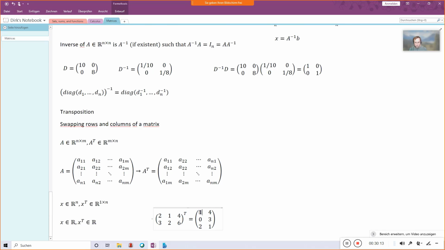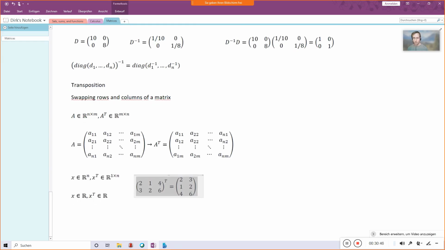And we get 2, 1, 4 and 3, 3, 2, 6. So indeed the lower right element here and the lower right element here, and the upper left element here and the upper left element here, are identical, but they of course are in a different layout. Yeah, right. Okay, thank you. Good. Other questions?